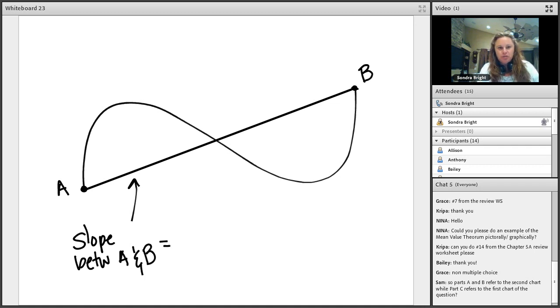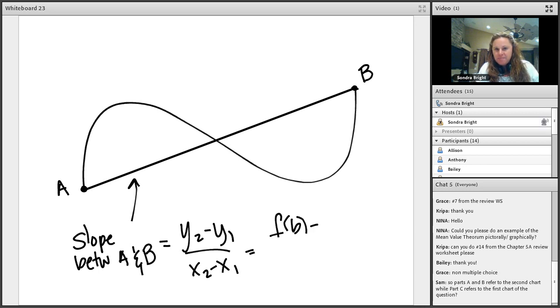It's the slope between 2 points. It's going to be your y minus y over x minus x, right? Your book says f of b minus f of a all over b minus a. But regardless, it's the slope between 2 points.